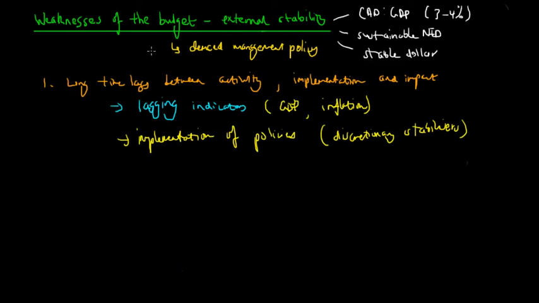So to help slow aggregate demand, they might tax people more or encourage savings, but these measures may take a long time to implement, and therefore the impact may be even longer, a long time between the activity here and the actual impact later on in time.